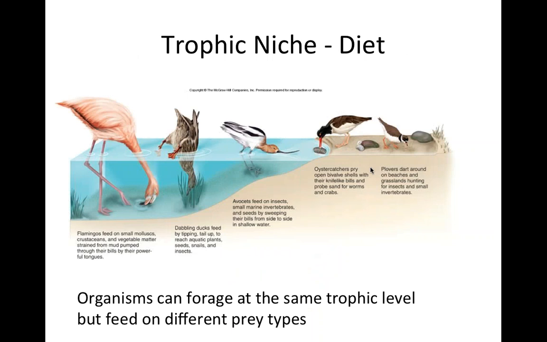An organism's niche, as well as its trophic level, is also defined by the types of things it eats. So you can have different species who are feeding at the same trophic level, but feeding on different resources. And again, this links in with the carbon axis, the x-axis on our isotope plot.